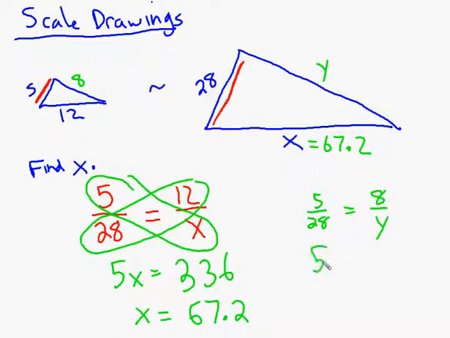I cross multiply, I get 5y equals, what's 28 times 8? 224. And then I divide by 5 and get 44.8. Reasonable enough. Any questions? No?